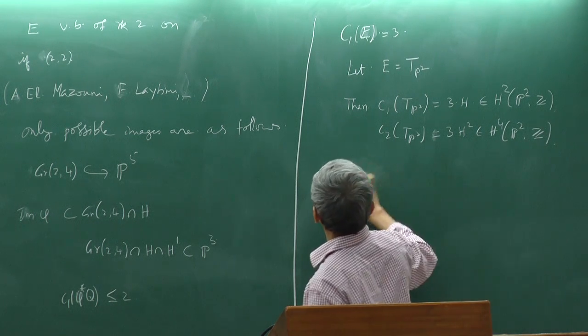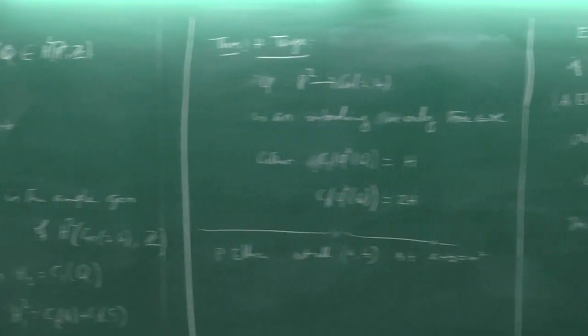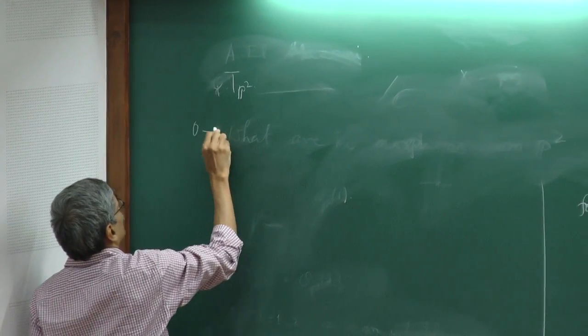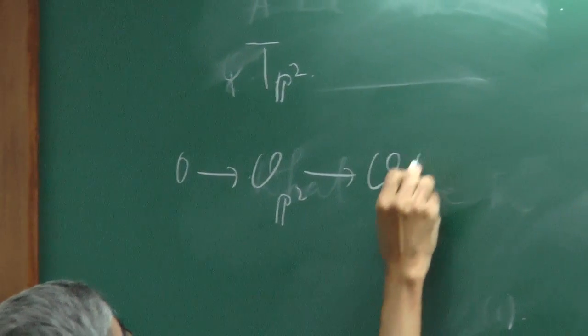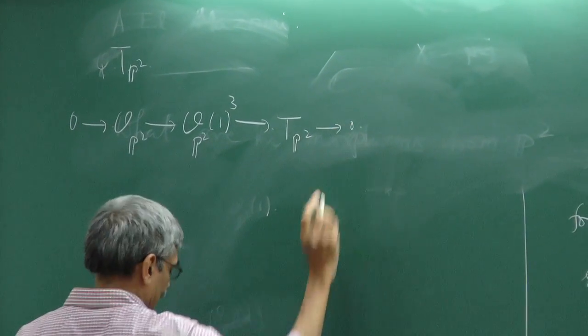And also one knows that T of P2 comes in an exact sequence like this, what is called the Euler sequence: 0, O of P2, O of P2(1) cubed, T of P2, 0.